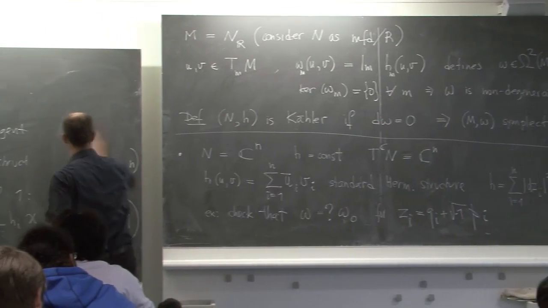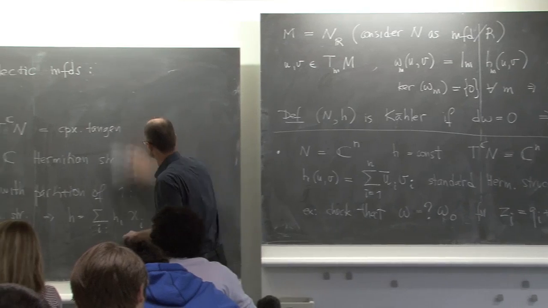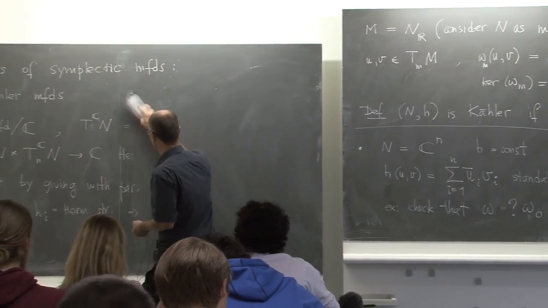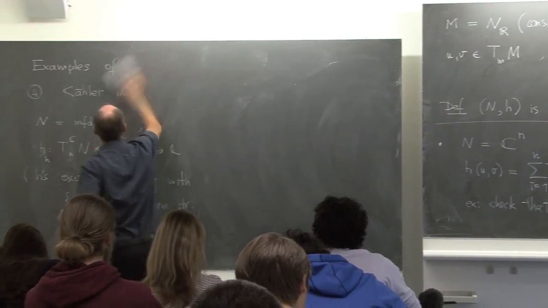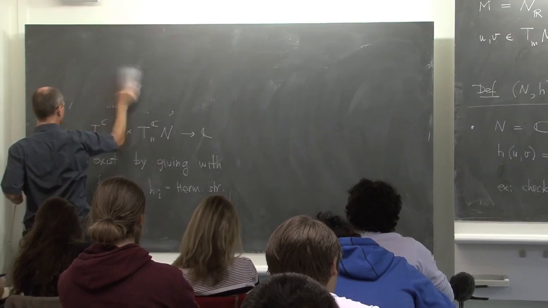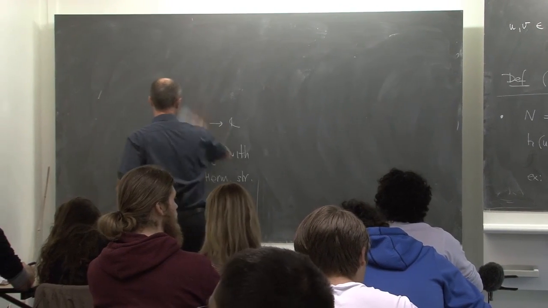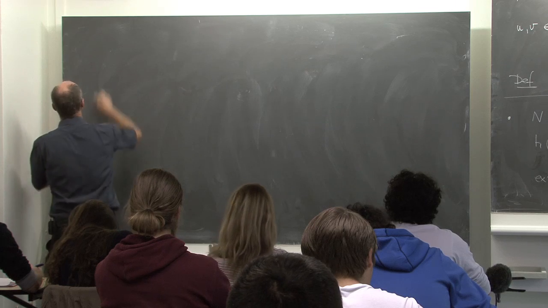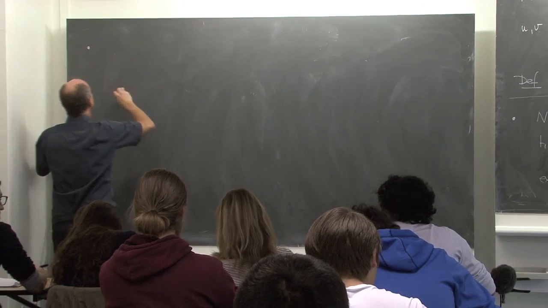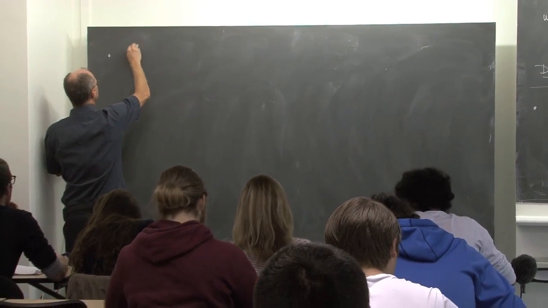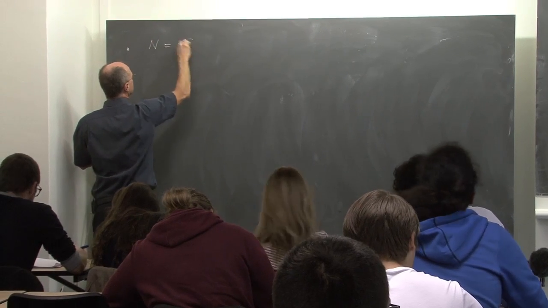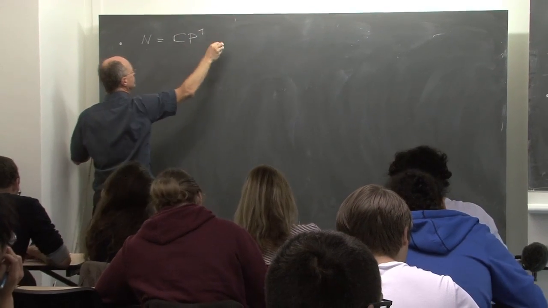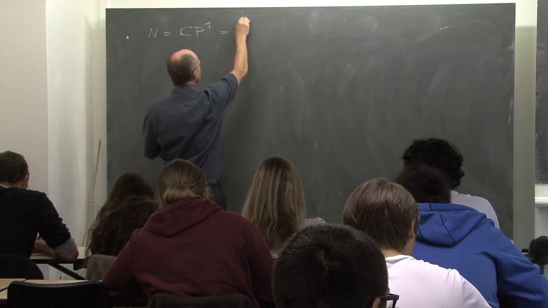Now let me look at a slightly more involved example. So let me choose n to be equal to CP1.